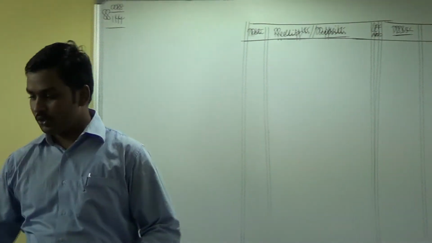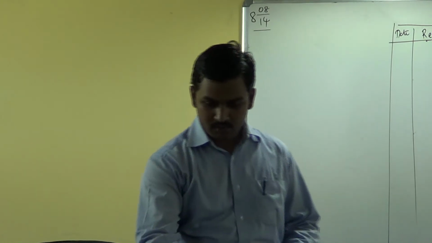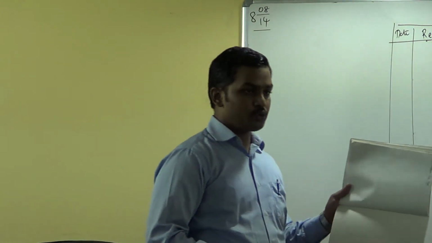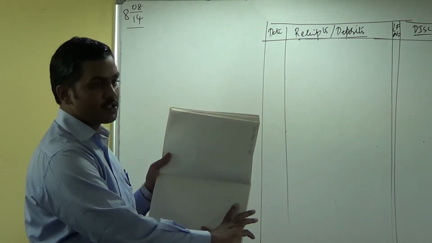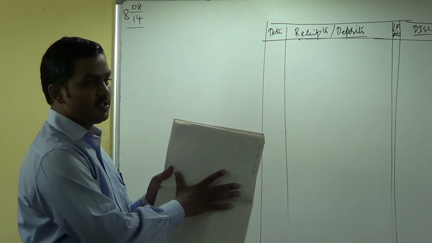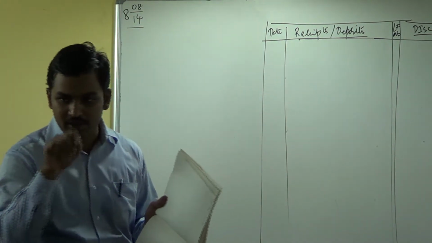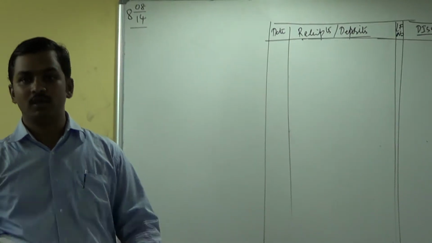Now, what you'll do is, you have to use two papers like this. Use this for preparation of the triple column cash book. Keep this page for writing the question. We'll simultaneously write the question and give posting in the triple column cash book.